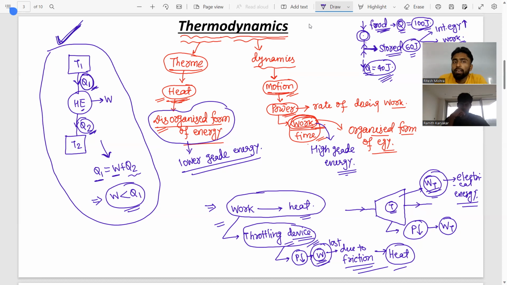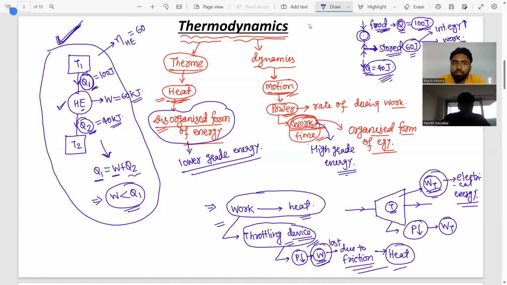As you see in this heat engine device, for example, let us assume Q1 is 100 joule, and this heat engine is rejecting 40 joule of heat to the sink. So this heat engine will deliver 60 joule of work. What is the efficiency of this heat engine? Useful over total, 60%.